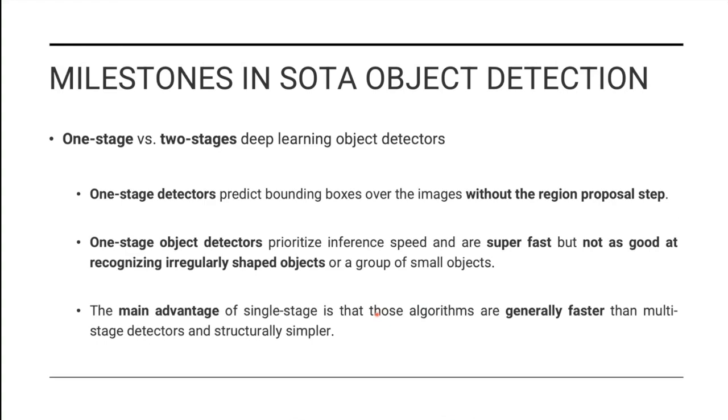On the other hand, for one-stage object detector algorithms, we do the prediction of the bounding box of an image without the region proposal step. So we eliminate this part.